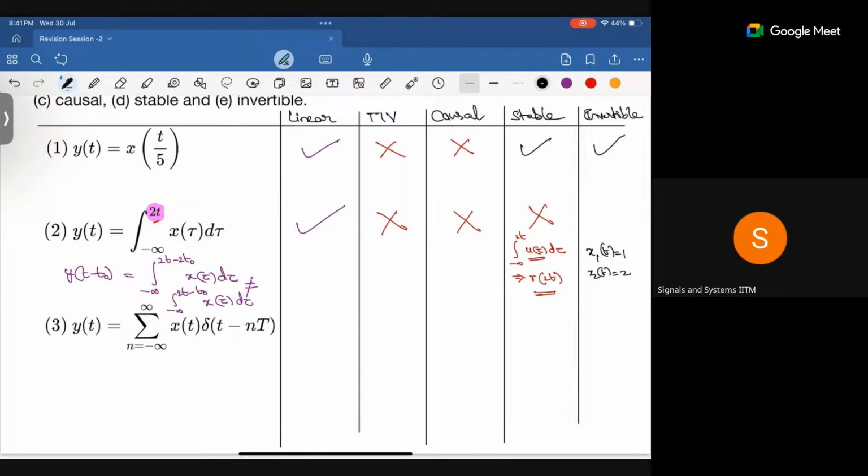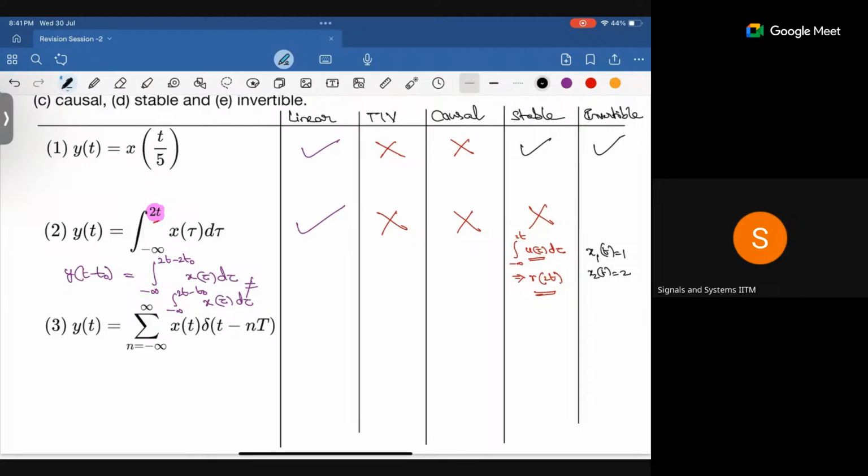So what do you think the result or the output will be? If these two go in as an input, both will be mapping to infinity, no?